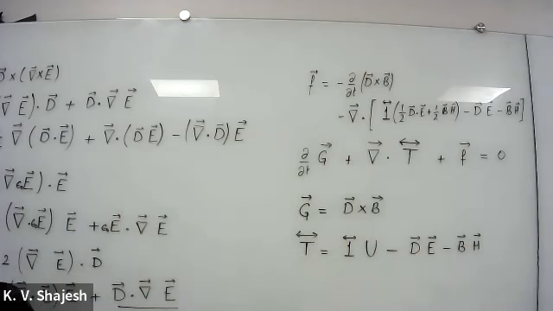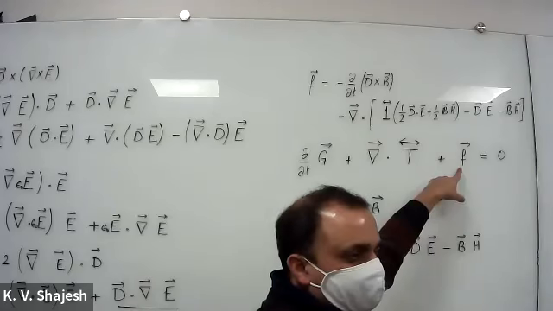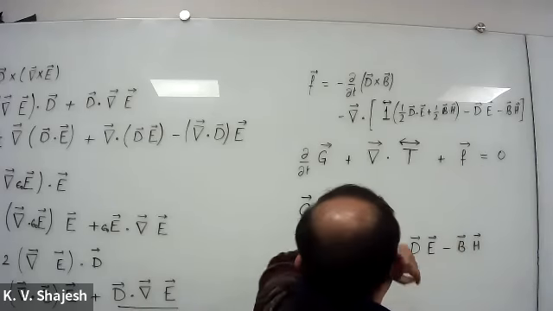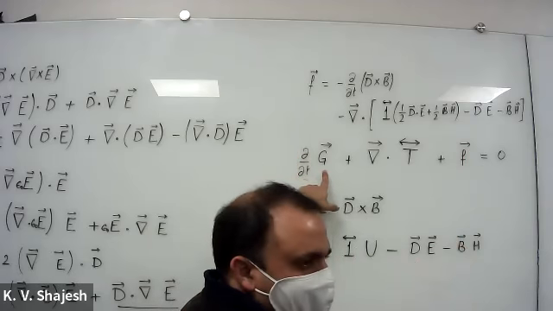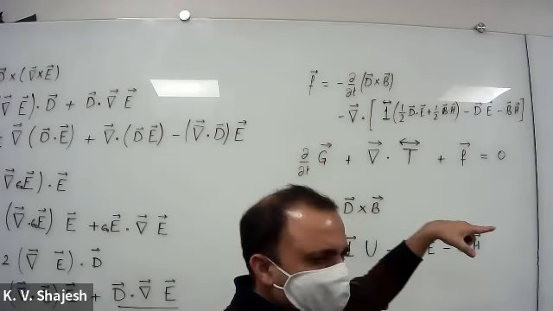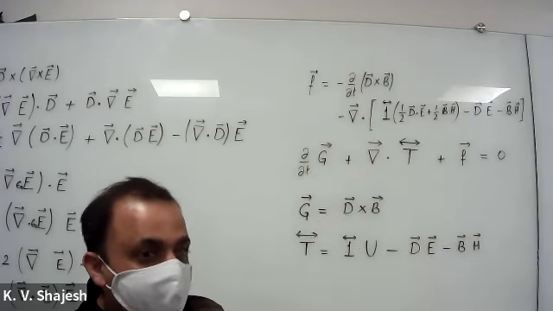So now we have to give an interpretation to this. This is force per unit volume, right? And this is the time derivative of something. The time derivative of what is a force? Momentum, correct?